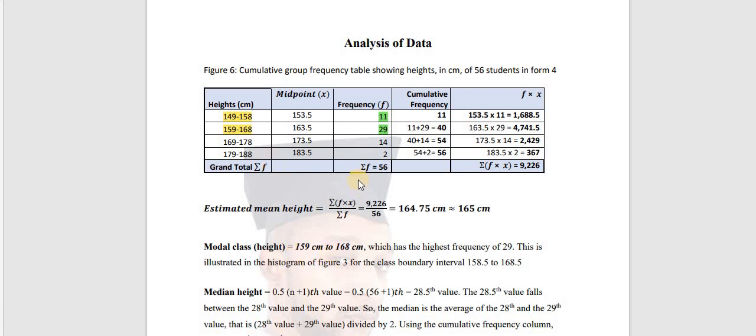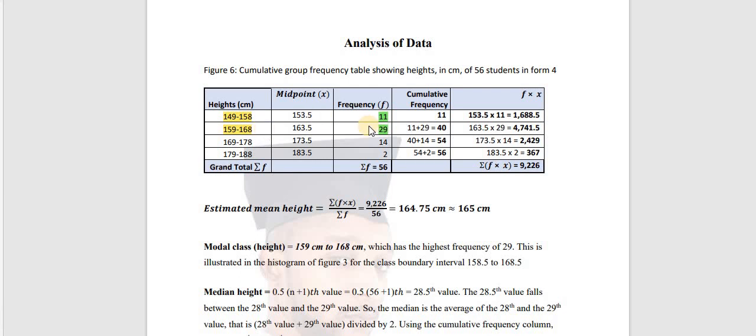So what we do is we say, what's half of this 56? Half of 56 is 28, right? And where's the 28th value? Look at this. The first 11 students are in this category. The next, the 12th student up to the 29th student, will be in this category, right?